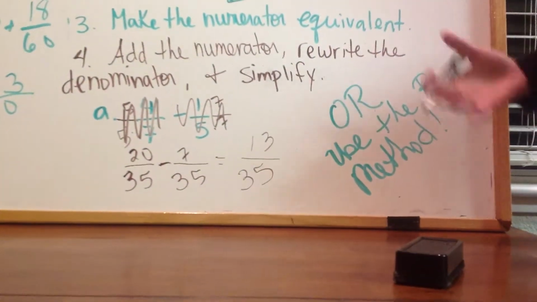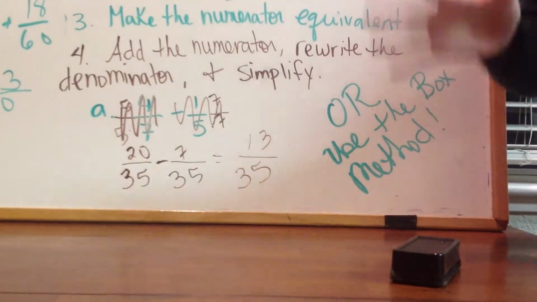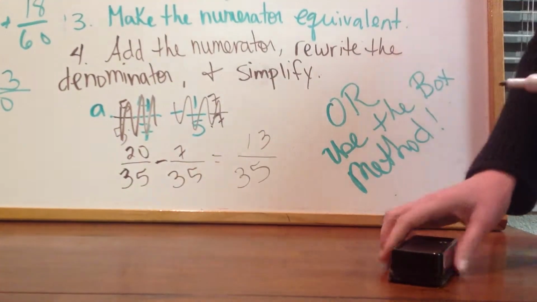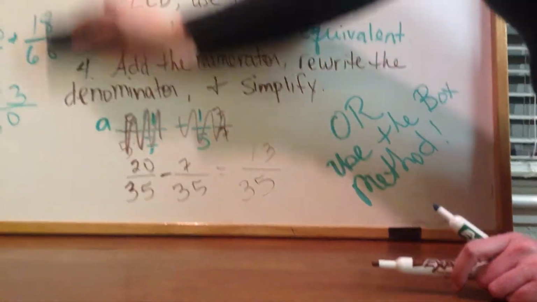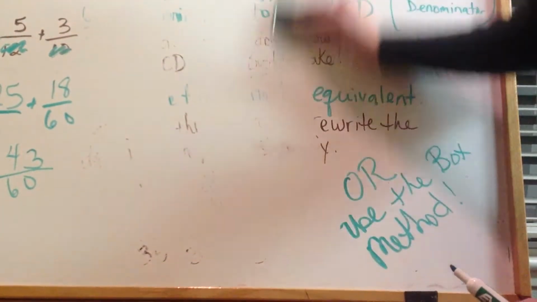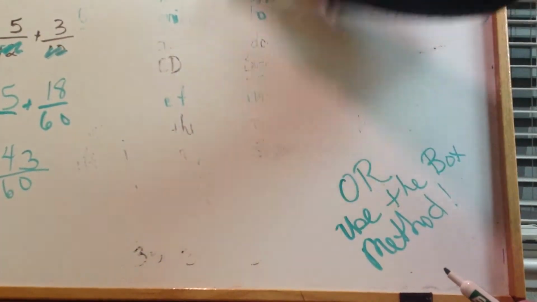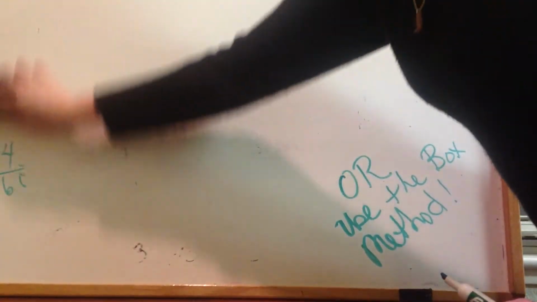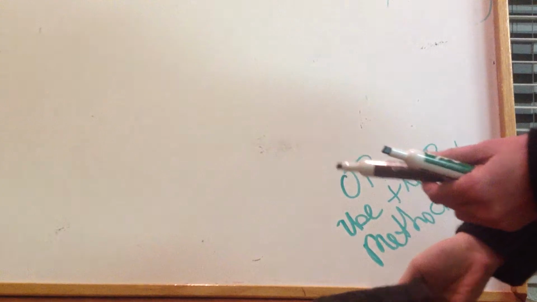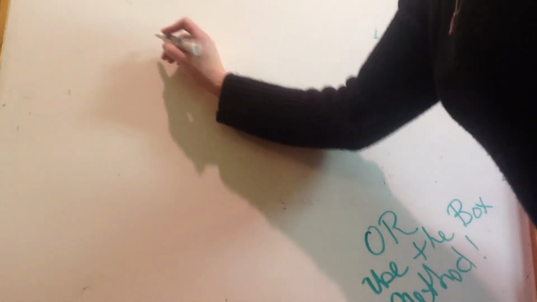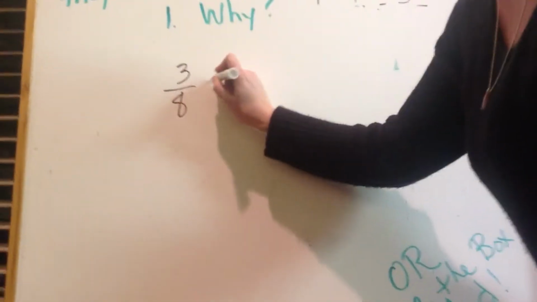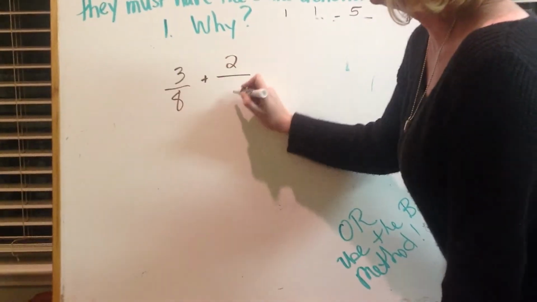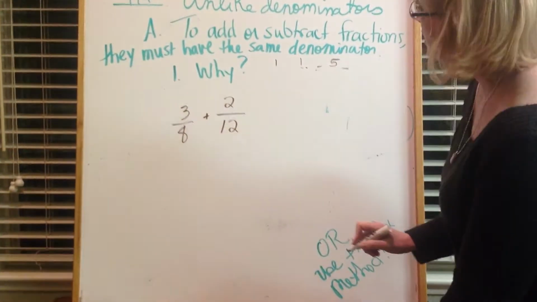Now sometimes this is still confusing, so I'm going to teach you a trick. This is not real math. This is funky math. It's called the box method, but it will work for those of you who are feeling insecure about adding and subtracting fractions with unlike denominators. So let's say we have the fractions 3/8 plus 2/12, okay?